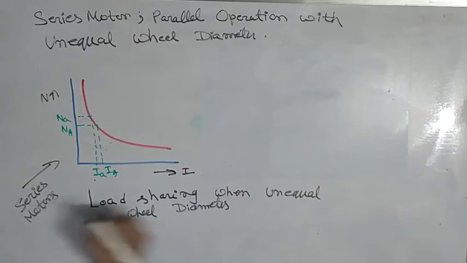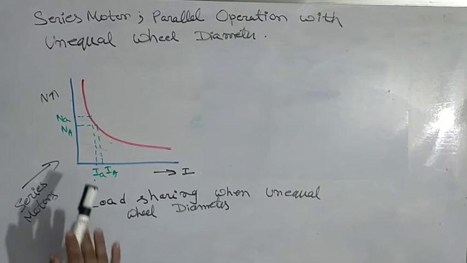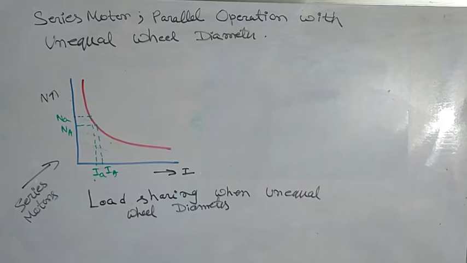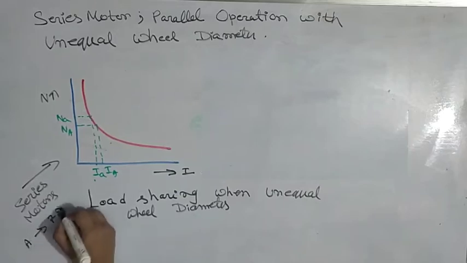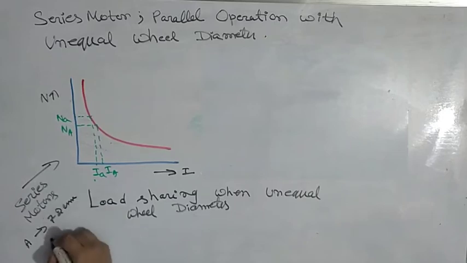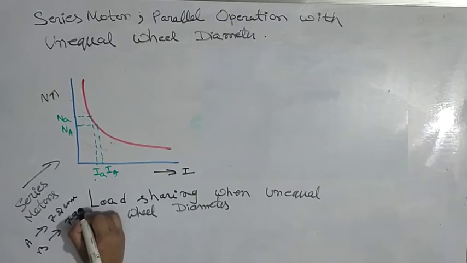and consider two motors having identical speed current characteristics driving a car. Now suppose motor A drives a wheel of diameter 72 centimeters and B drives a wheel of 73 centimeters.